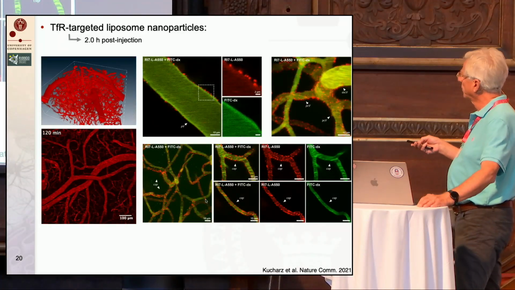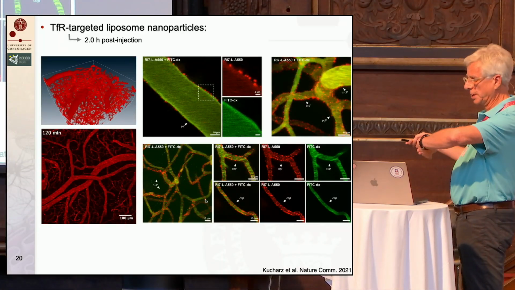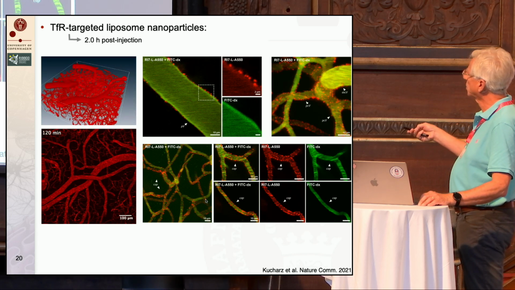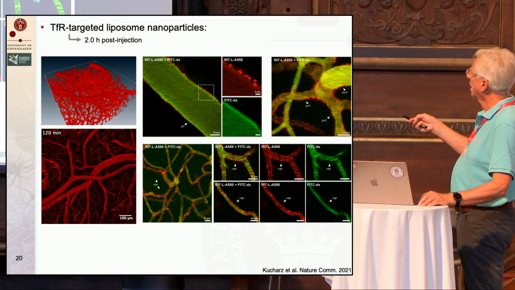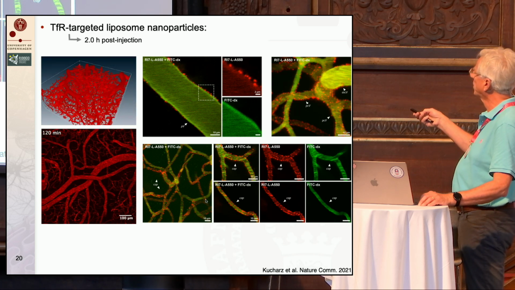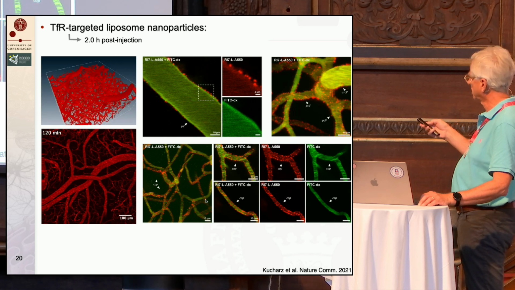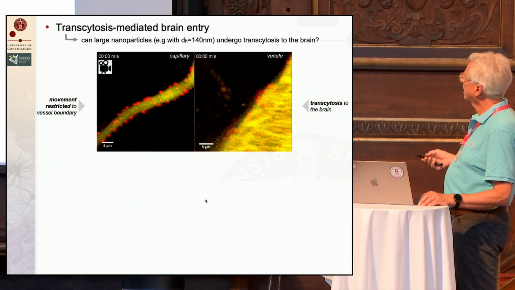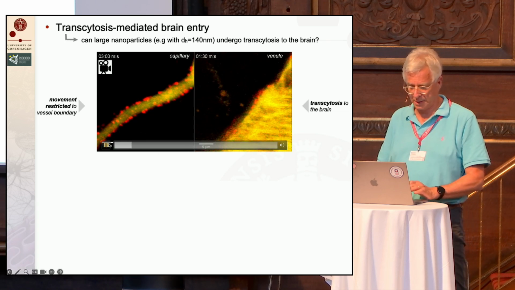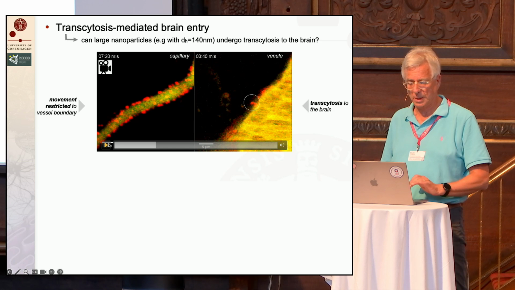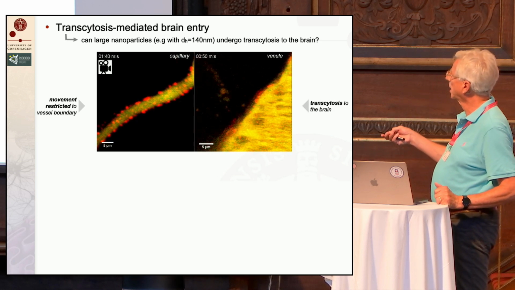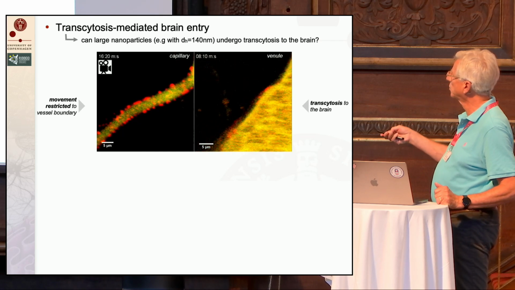You can see here how it binds to the surface of the endothelial cells. The red color is the binding of the surface. You can see it up here, where the red is the nanoparticle, how it binds to these vesicles. And here you can see how the nanoparticle gets into the brain. You can see here how they move on the surface of the brain endothelial cell.